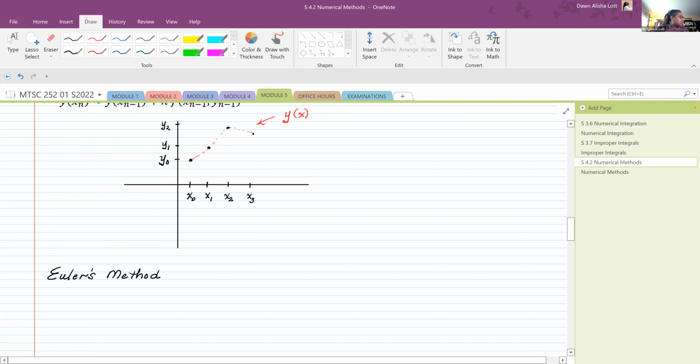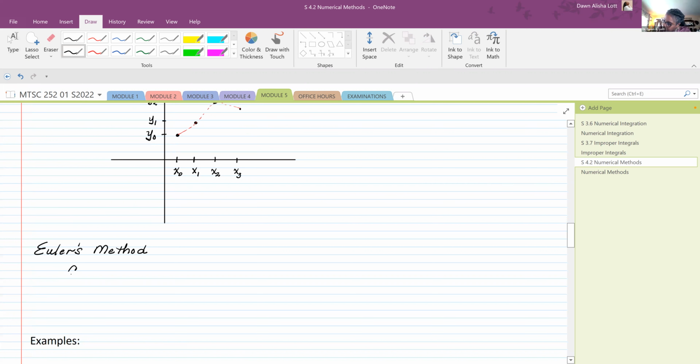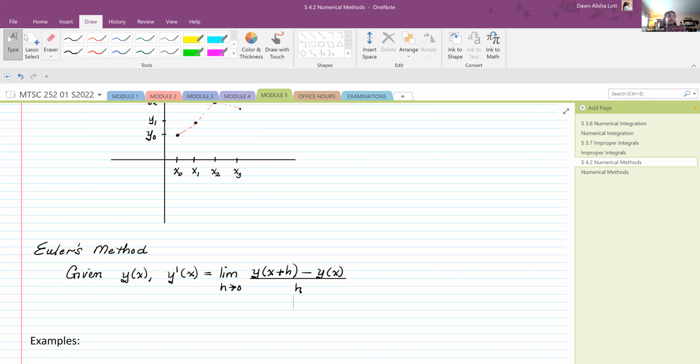Let's say we're given y of x, then we know y prime of x is the limit as h approaches 0 of y of x plus h minus y of x all over h. Okay, so that is the formal definition of the derivative. You guys should remember that.